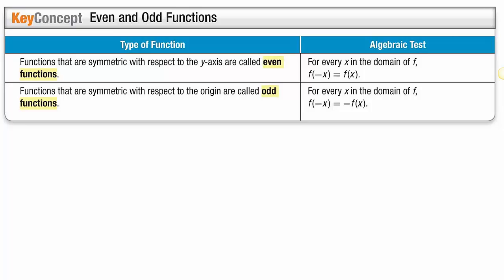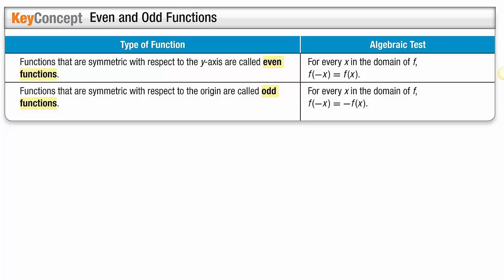And then last thing, determining if a function is even or odd. A function is called even when it is symmetric to the y-axis. A function is odd when it is symmetric to the origin. The way to do that algebraically is to plug in a negative x in place of all of the x's, and when you simplify, if you get the exact same equation as the original function, then it is called an even function.